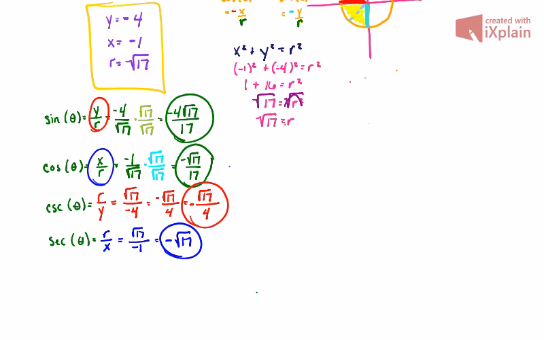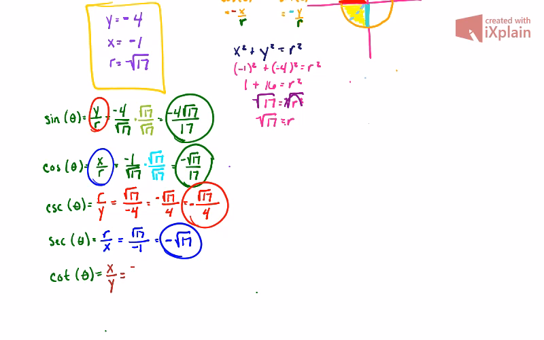Okay, the fun is almost done. So now let's go ahead and take a look at cotangent of theta. Recall that cotangent is the reciprocal of tangent. So instead of y over x, we are going to look at the ratio of x over y.